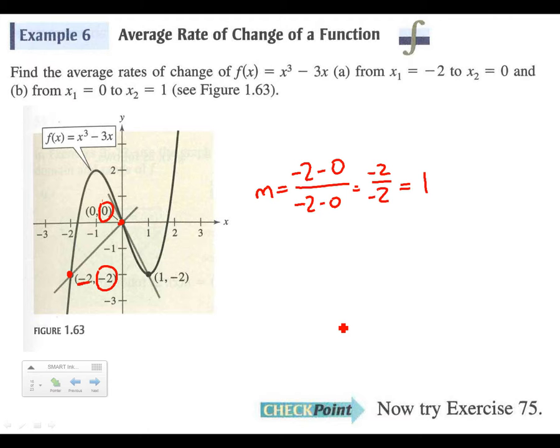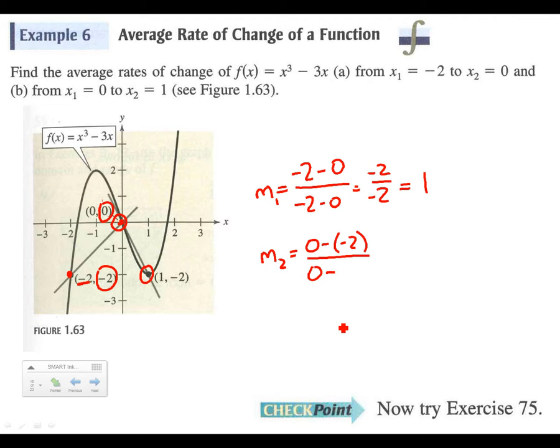If we do the same thing, but instead go from this point to this point here, we'll call this M1 and M2. Let's look at our y values. We go from 0 to -2, and again, we could reverse these as long as we reverse the x values as well.